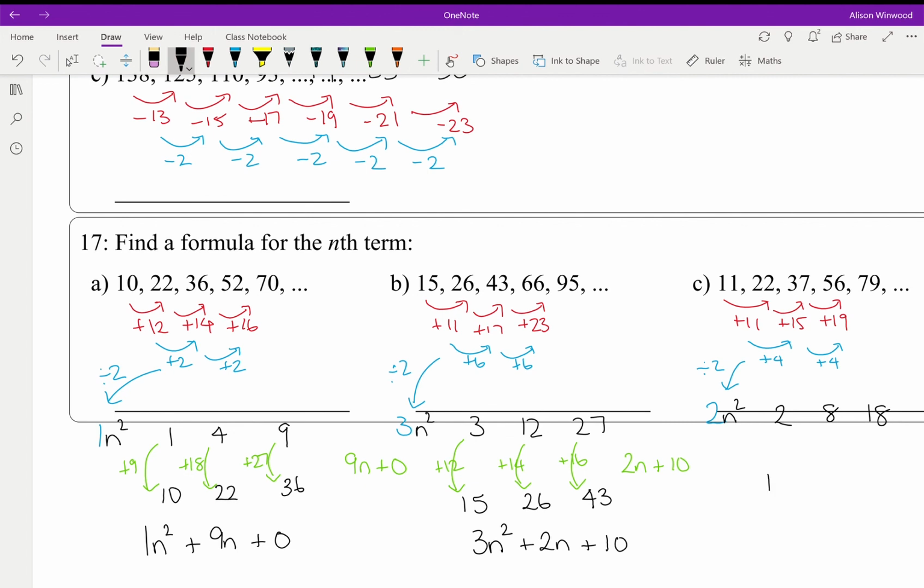My actual sequence is 11, 22, 37. How do I get from the square numbers to the sequence? It's add 9, add 14, add 19. Those green numbers have an nth term of 5n plus 4. So the whole thing is 2n squared plus 5n plus 4.